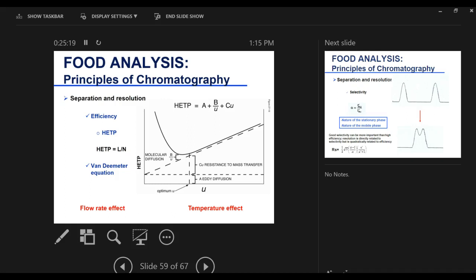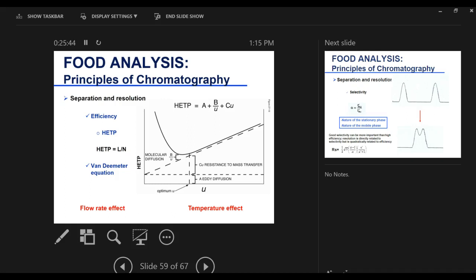So if you have a column with packing material that is potentially large, versus one that has really small, well-packed particle size.